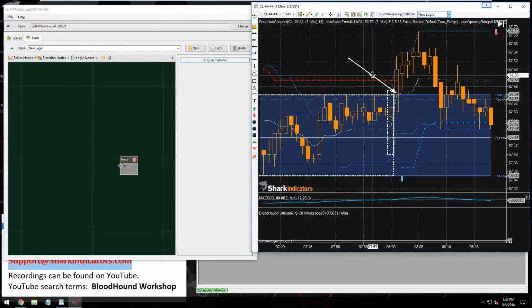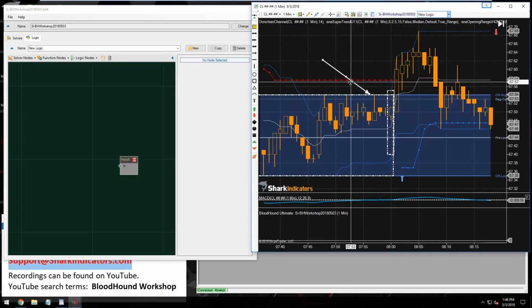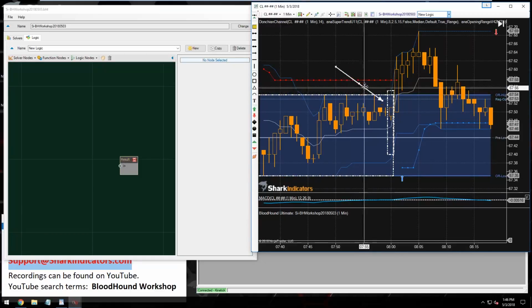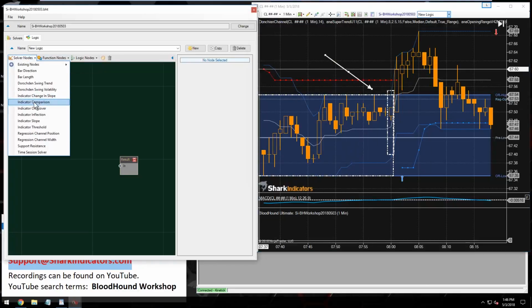Instead of waiting for the crossover to occur, which is too late, we want to know when the price of these bars gets close to one side of the range or the other. So we're looking for price to get within some kind of proximity to the upper range or the lower range. That's going to be a comparison solver.